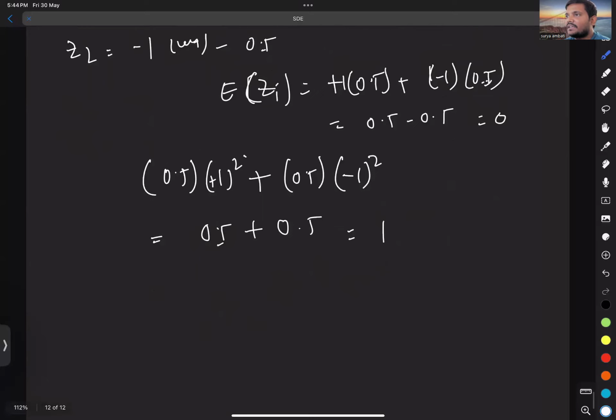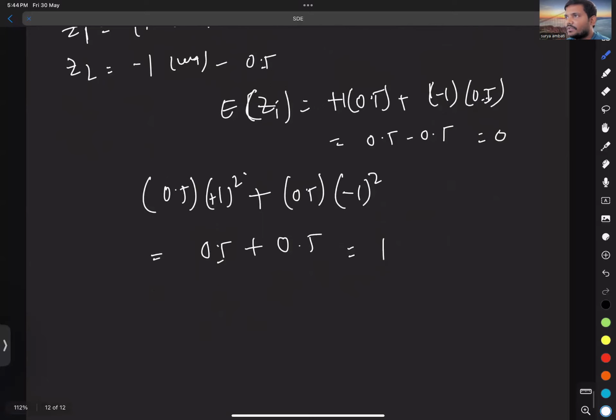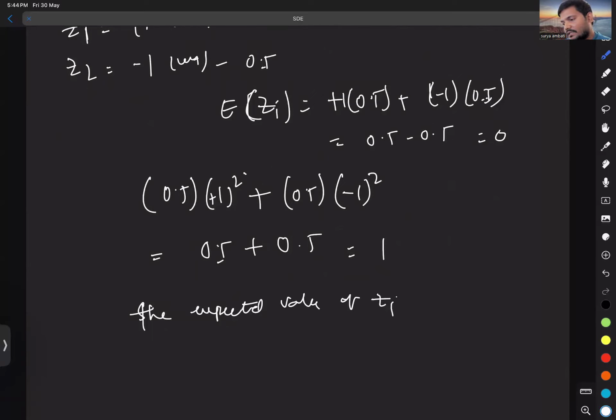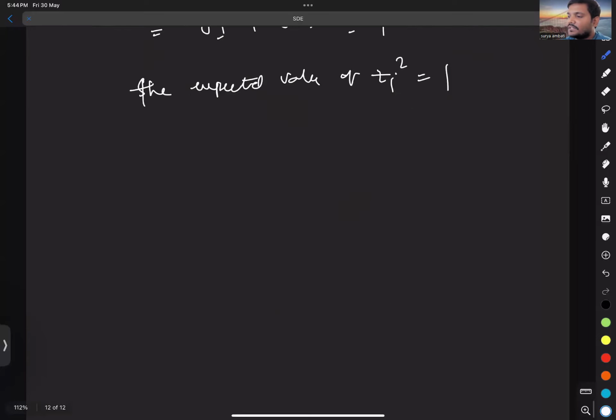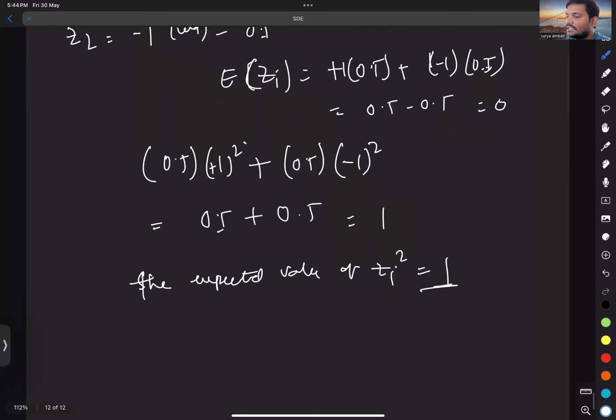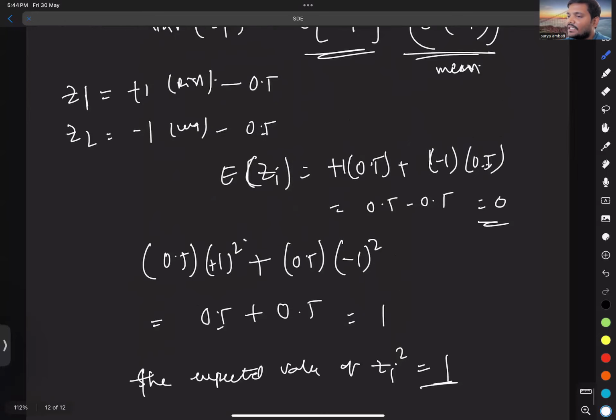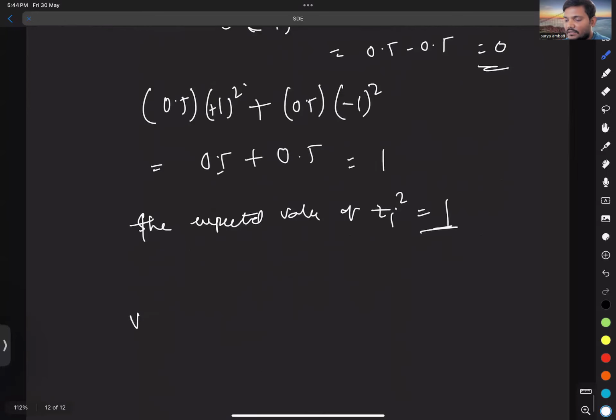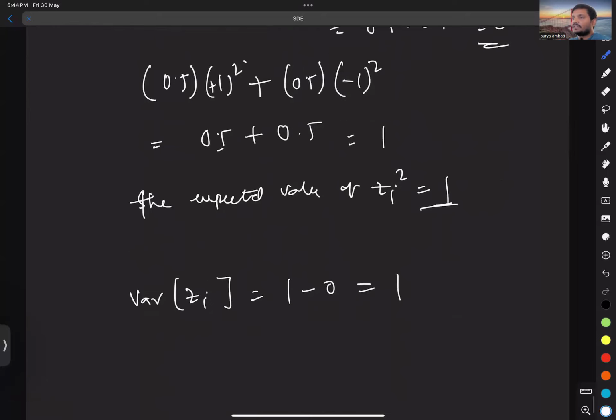So the expected value of Zi squared is 1. Now just insert these two values, 0 and 1, in this formula: variance of Zi equals 1 minus 0, which is 1.